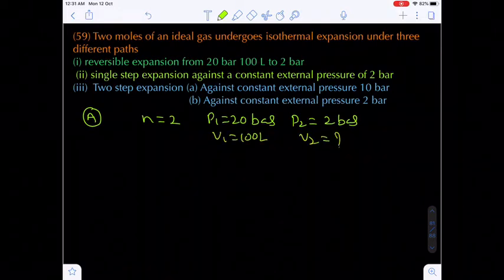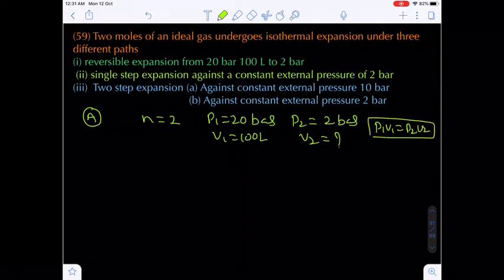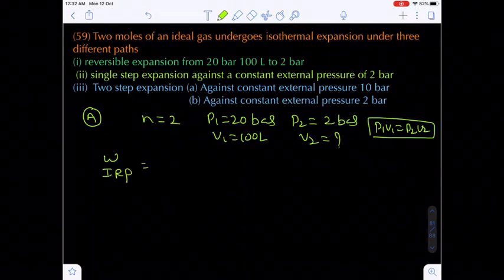We can find the final volume with the help of P1 V1 equal to P2 V2. At present, no need to calculate V2 because P1 and P2 we know. So with the help of P1 and P2 we can find the work done in the isothermal reversible process.